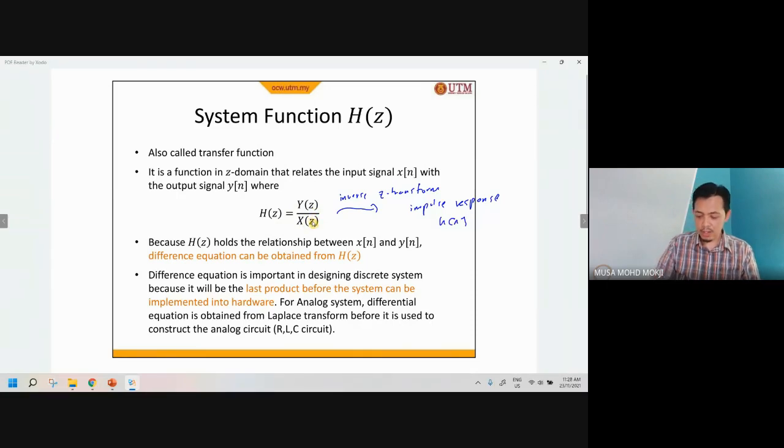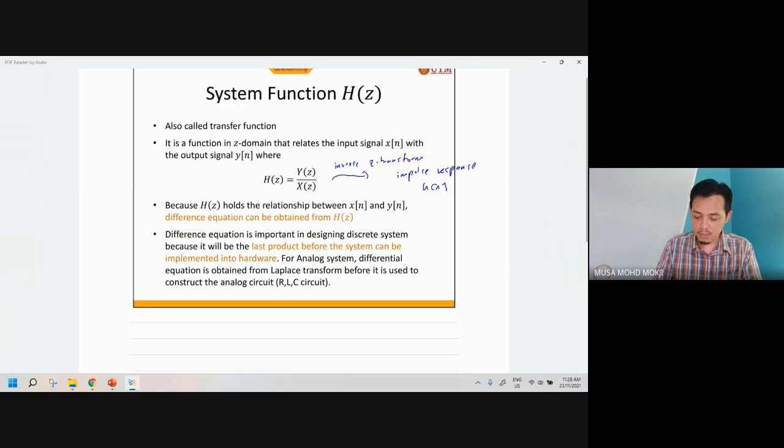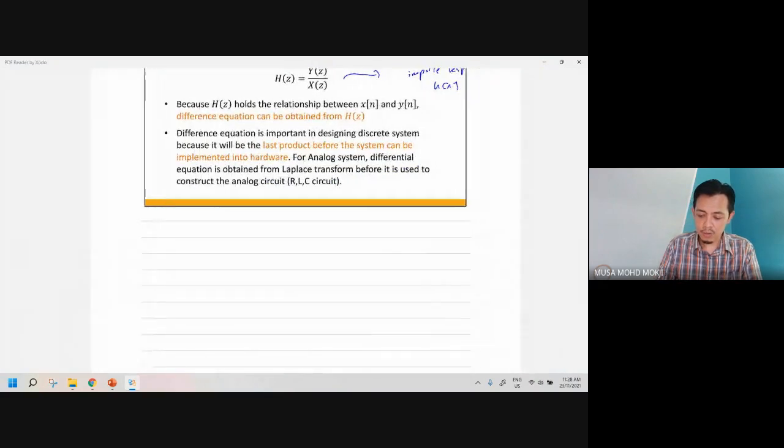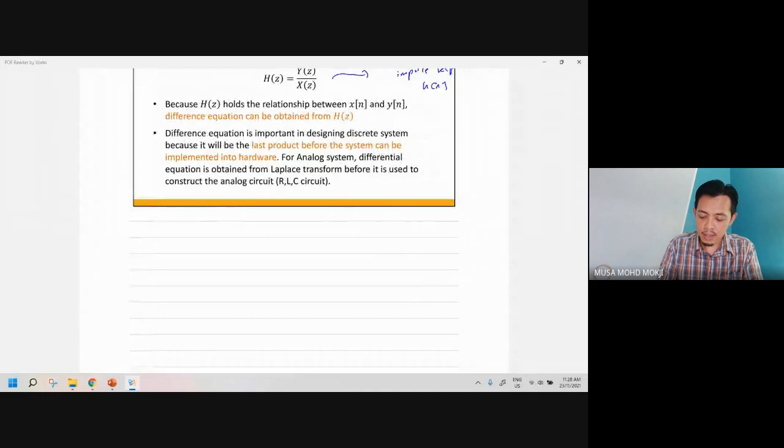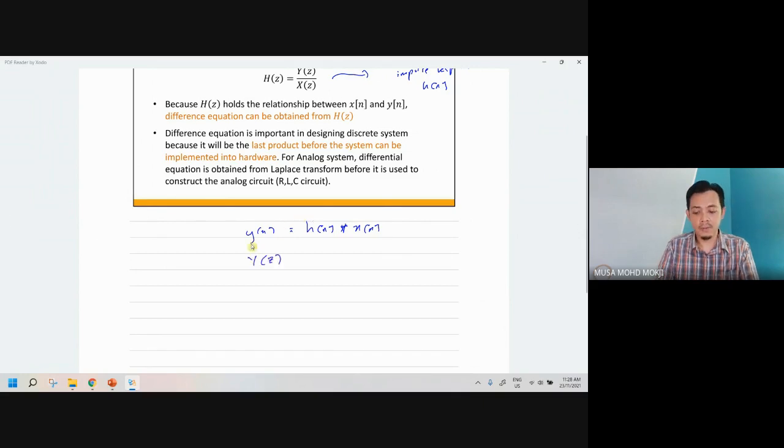Where does this come from? Actually this is from our last class. We already know that y[n] is just h[n] convolved with our input x[n]. And we have seen one property: if you do the Z transform of y[n], you get Y(z), and convolution in the time domain is just multiplication in the Z domain.